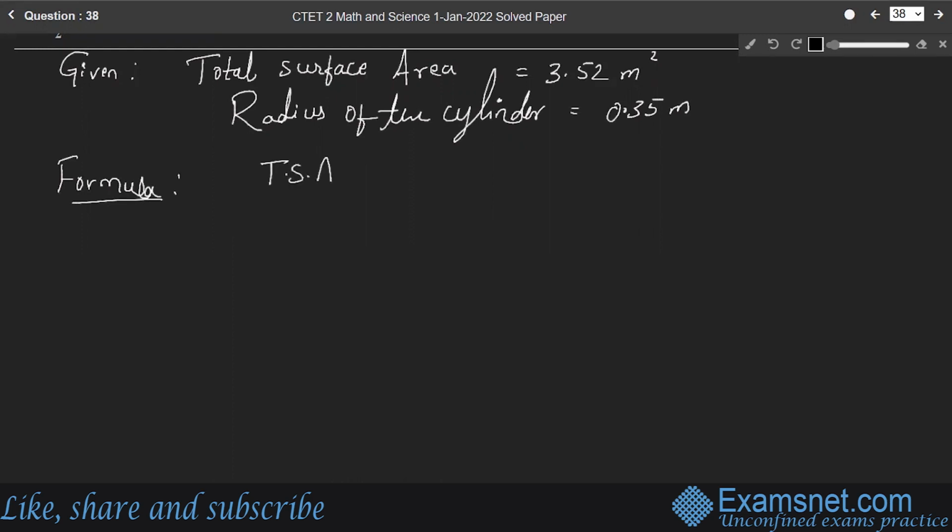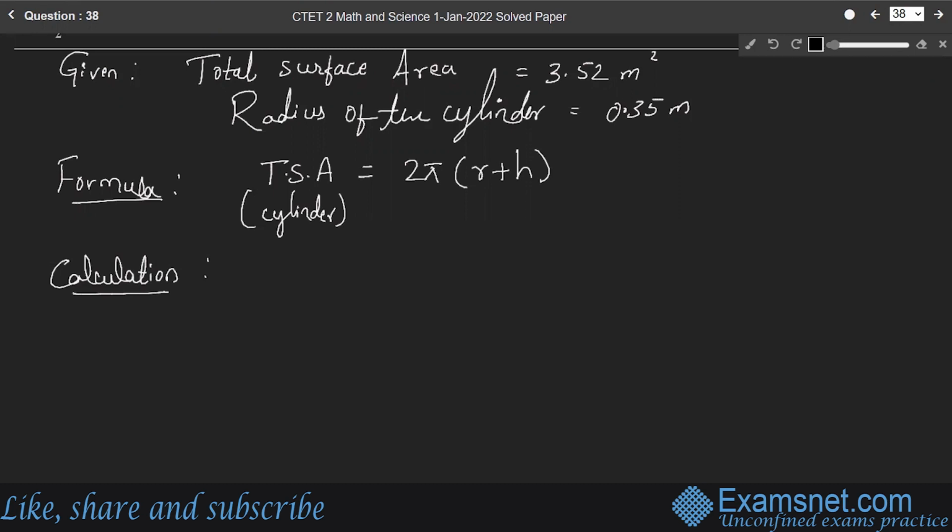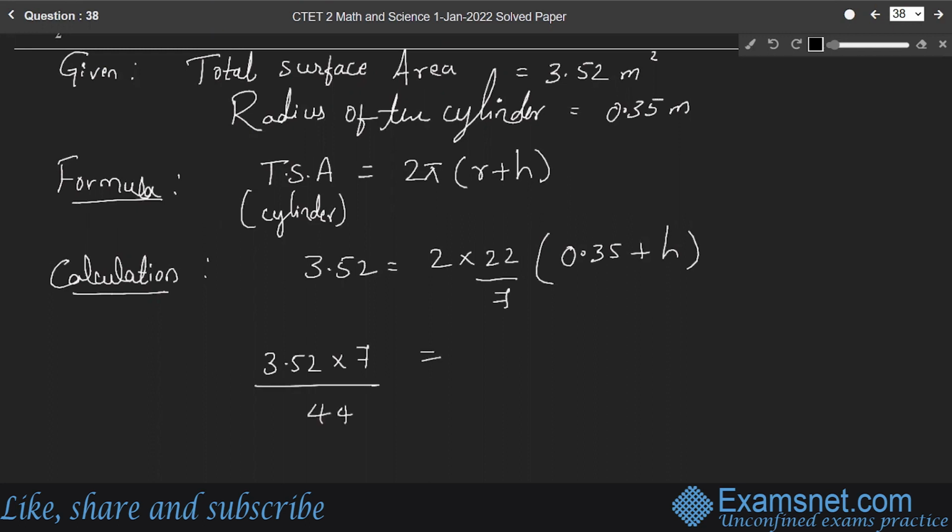So total surface area TSA is equal to 2 pi into R plus H. Total surface area of a cylinder is equal to 2 pi into R plus H. So calculation, here we need to find the value of H. So by formula, total surface area is equal to 3.52 is equal to 2 into pi is 22 by 7 into radius is 0.35 plus H, which is equal to, by cross multiplication, 3.52 into 7 divided by 44, 22 into 2, is equal to 0.35 plus H.